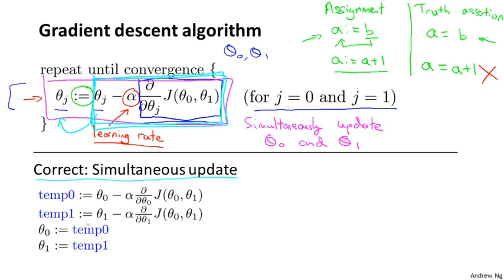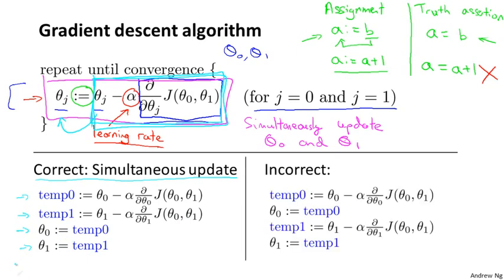This is a correct implementation of gradient descent, meaning simultaneous updates. So I'm going to set temp 0 equals that, set temp 1 equals that, so basically compute the right-hand sides. And then having computed the right-hand sides and stored them into variables temp 0 and temp 1, I'm going to update theta 0 and theta 1 simultaneously. So that's the correct implementation. In contrast, here's an incorrect implementation that does not do a simultaneous update. In this incorrect implementation, we compute temp 0, and then we update theta 0, and then we compute temp 1, and then we update theta 1.